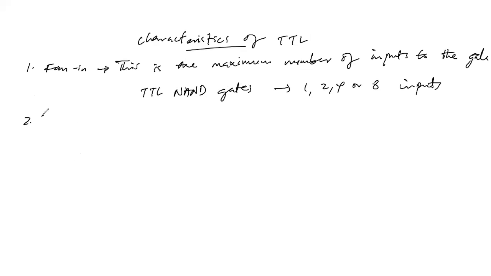Then we have fan out. Now this specifies the number of standard loads that the output of a gate can drive without impairing its normal operation.